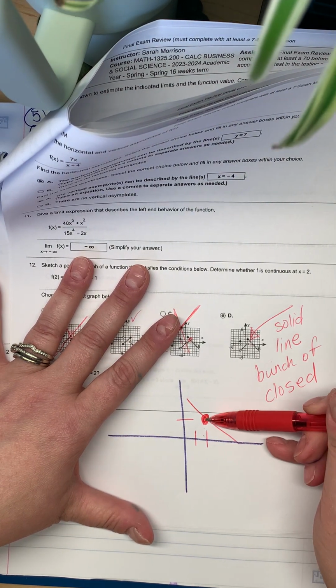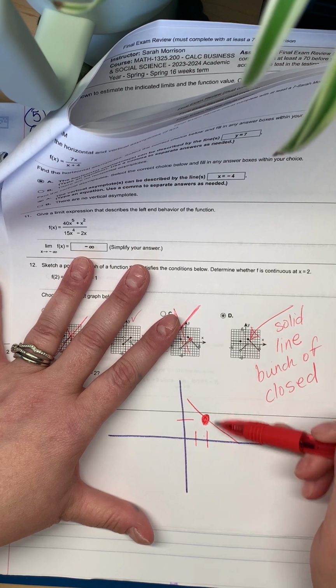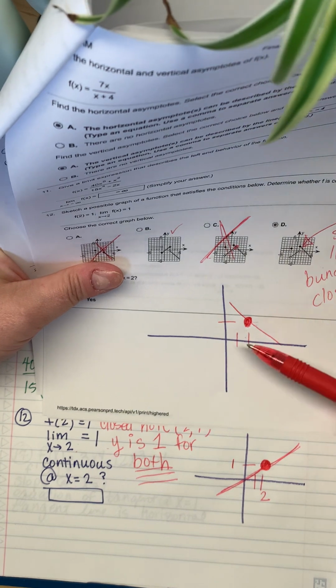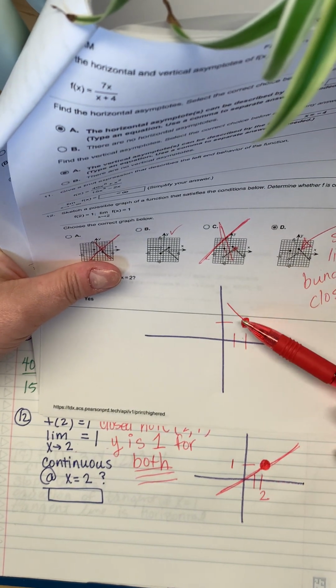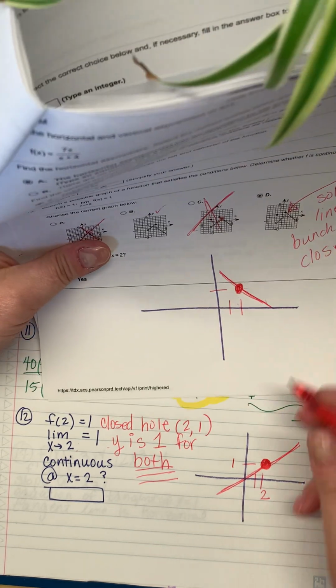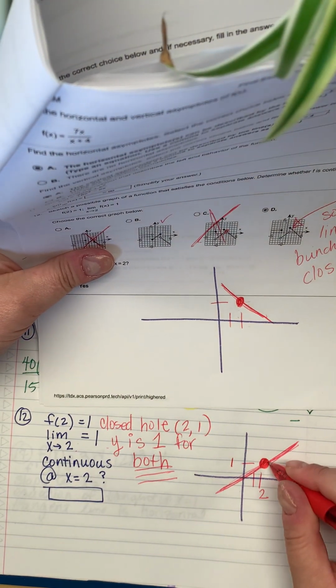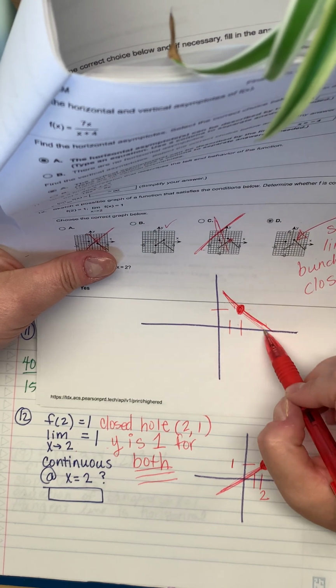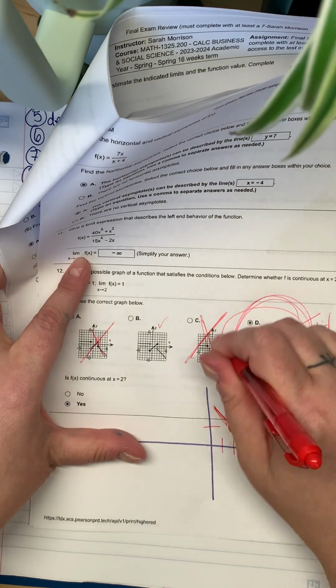So I can put a closed hole on this answer D because it's a solid line. And then look, that kind of looks like my graph. I got a closed hole at 2, 1, and both sides of the curve are connected to that closed hole. So part D, both sides, the up and the down, are connected to that closed hole. So that's our answer, D.